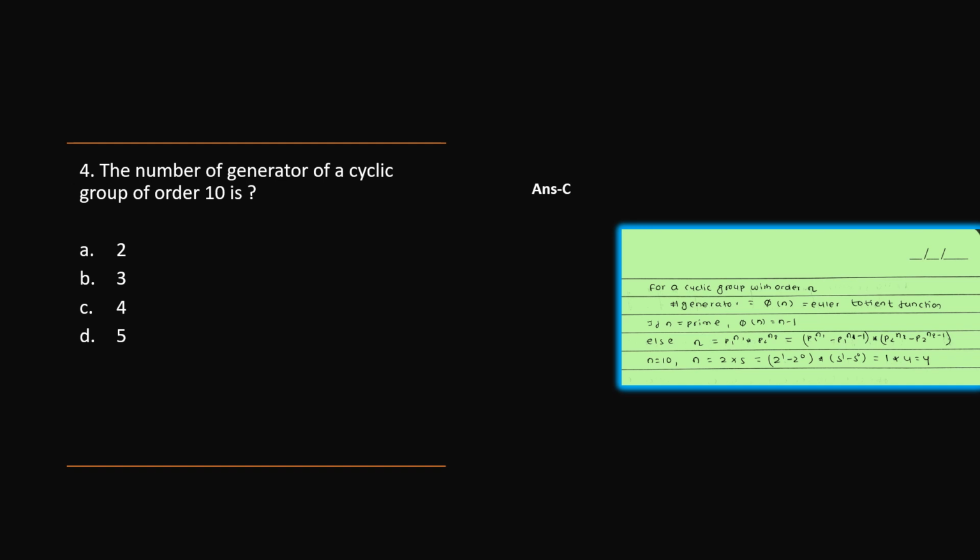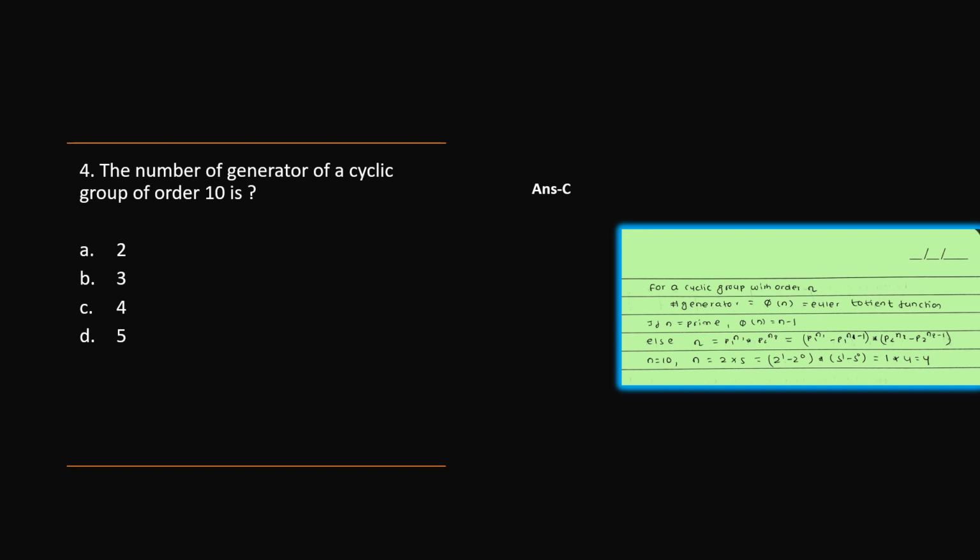If n is a number with n = p1 power n1 into p2 power n2, we make the factors of the number and their powers, and then apply the formula p1^n1 minus p1^(n1 minus 1) into p2^n2 minus p2^(n2 minus 1).